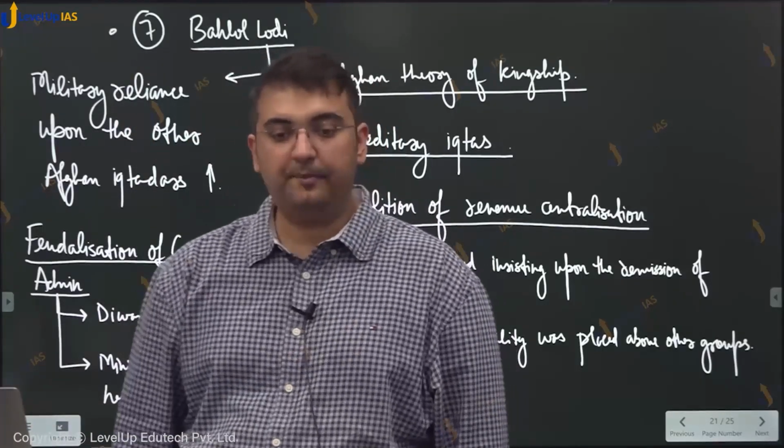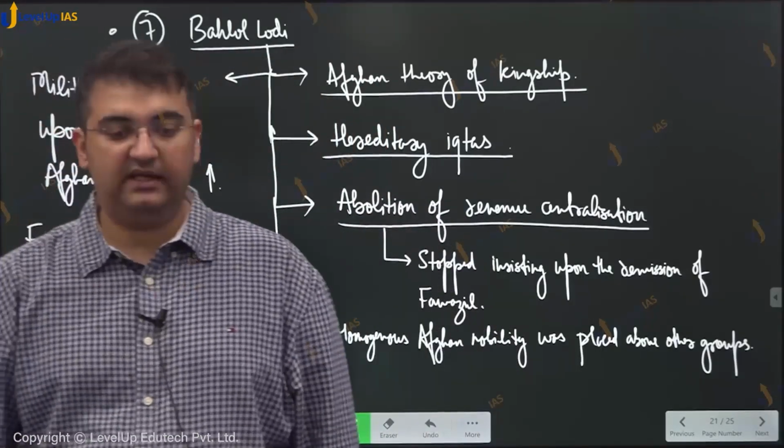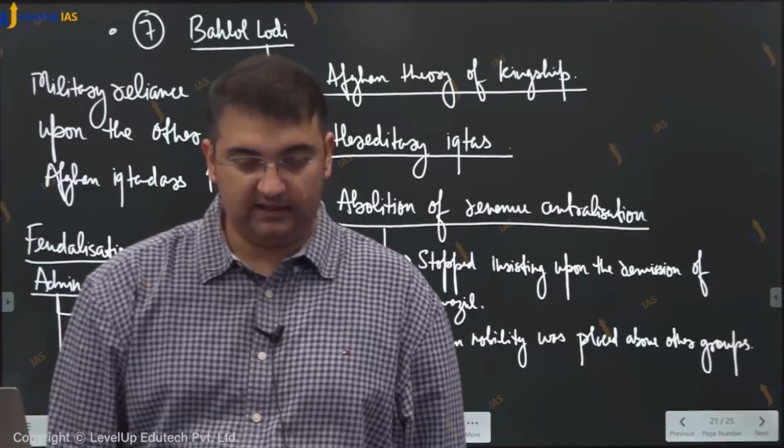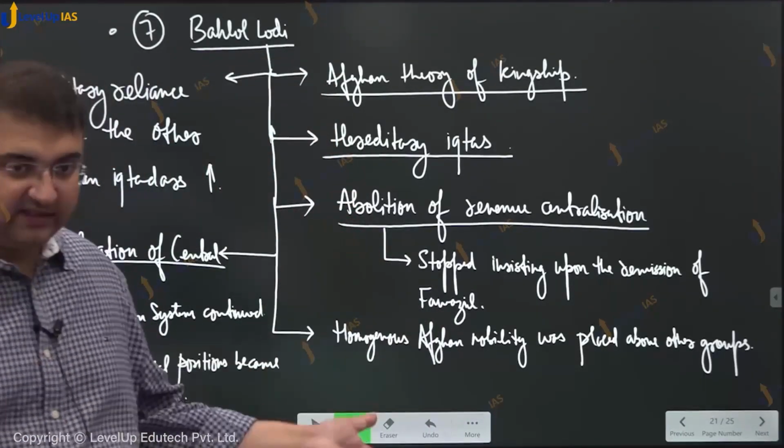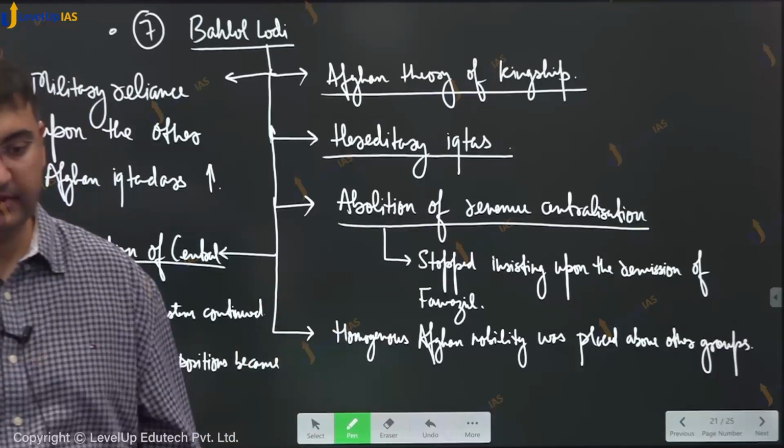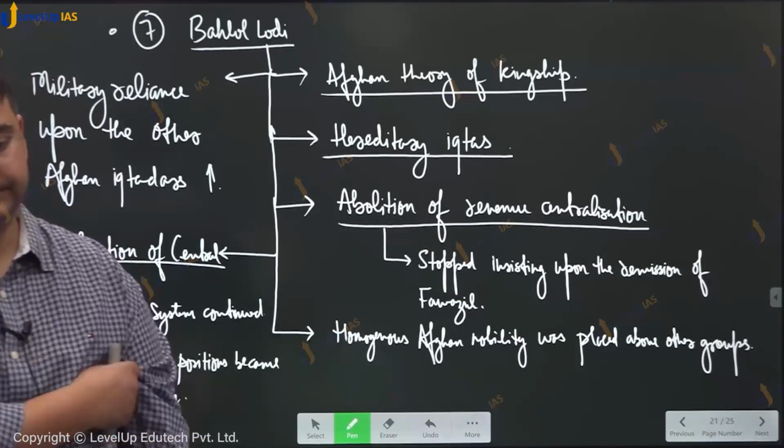Thus, a specific pattern was established in the evolution of the Iqta system. ठीक है, ये आप बोल सकते हो. तो once you make that clear, तो आपका जो बाकी का जॉब है ना, वो बहुत आसान हो जाता है.